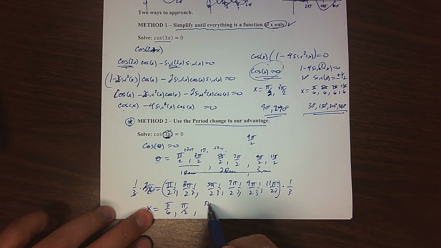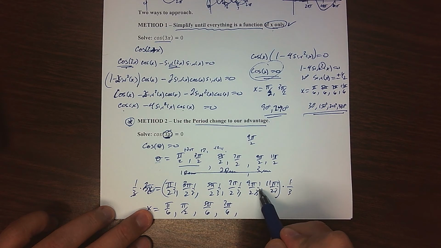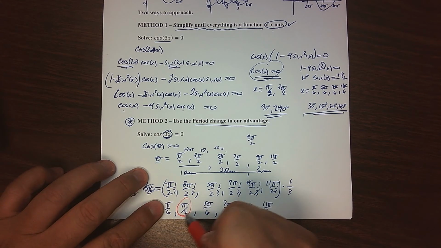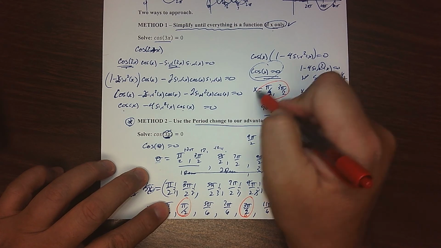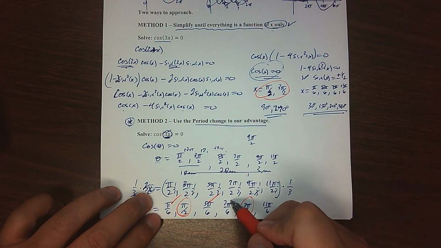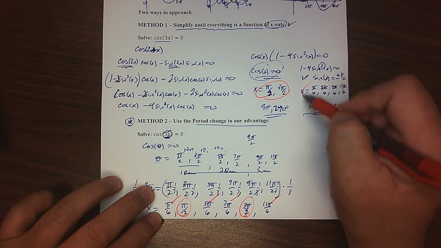Here we get 5 pi over 6, 7 pi over 6. The 3's cancel out, leaving us with 3 pi over 2. And over here we end up with 11 pi over 6. And lo and behold, when you match this up, there's the pi over 2 and 3 pi over 2, which matches what we got there.